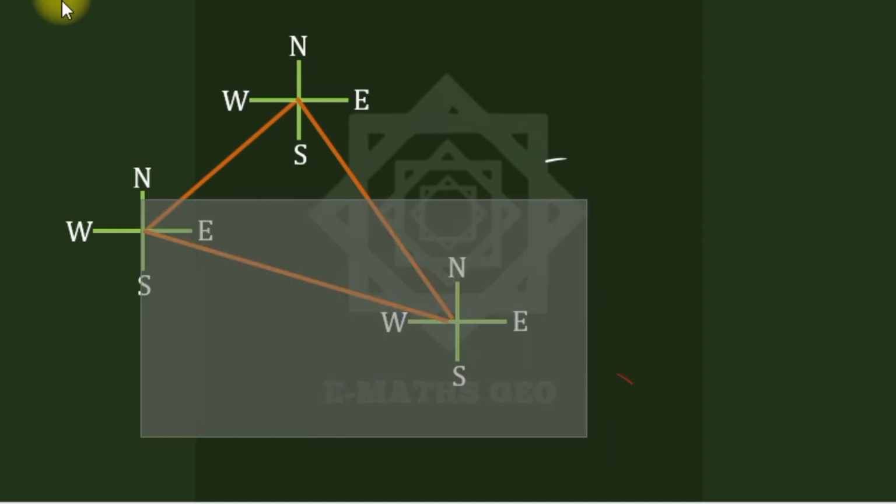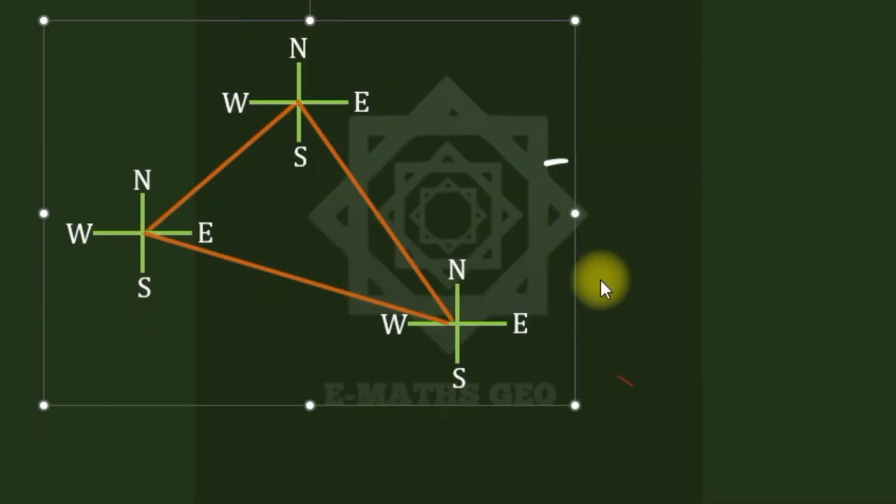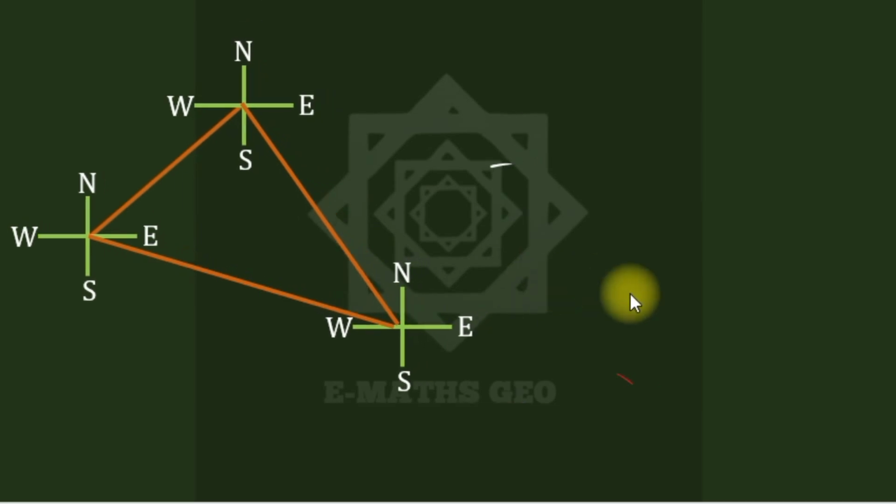So let me join this and calculate the distance. Let me use red. Remember, this is 030 degrees, and the distance is 800. Here is 150, meaning 90 plus 60, so here will be 30.